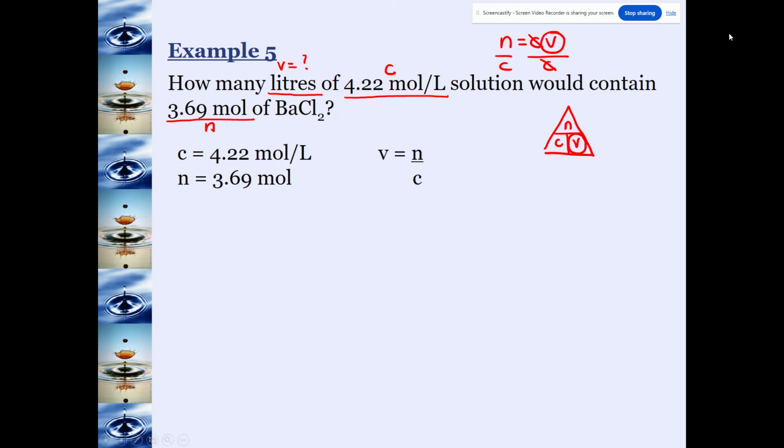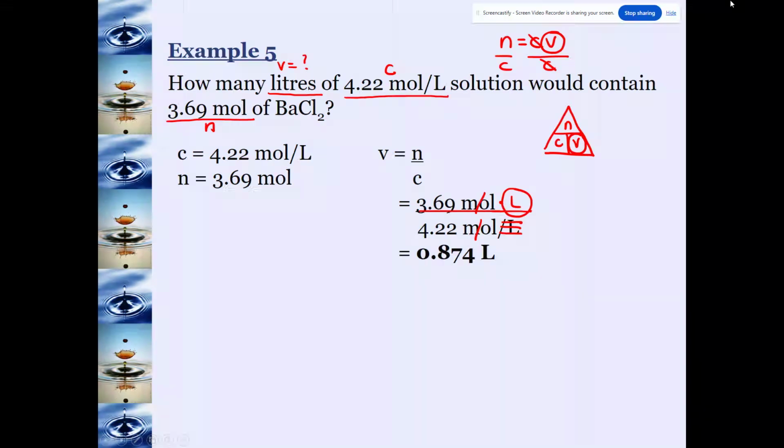Now when I put my numbers into my formula, I have 3.69 moles divided by 4.22 moles per liter. That liter, again, in the denominator position would move back up to the numerator. So our moles cancel and we're left with liters on the top.